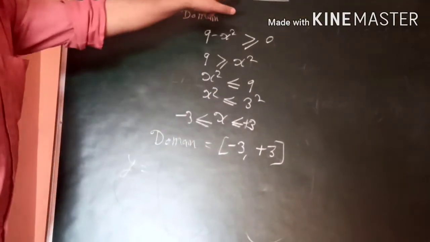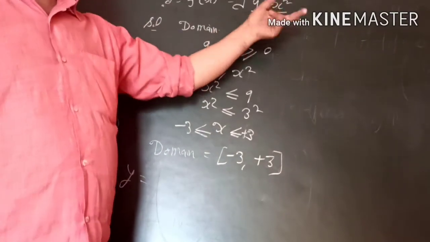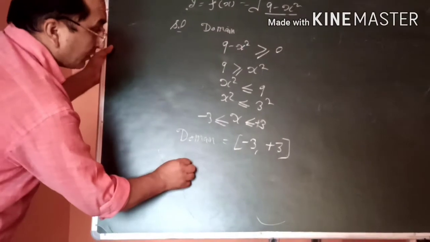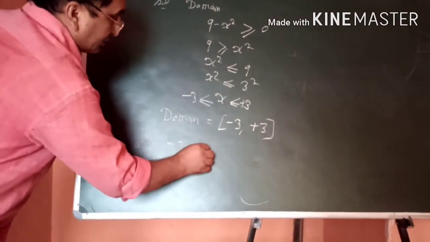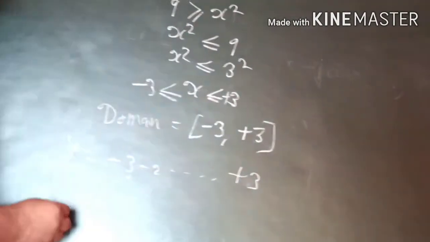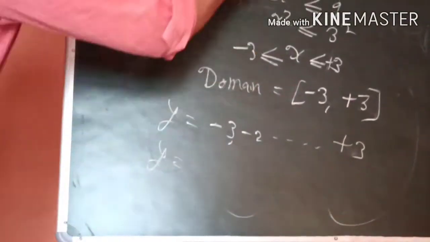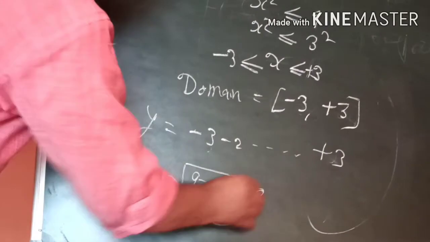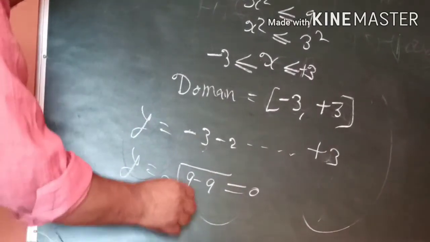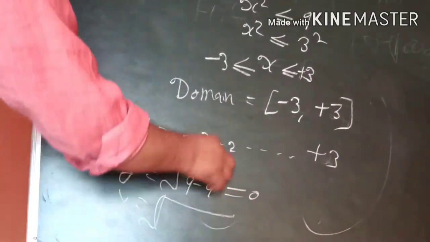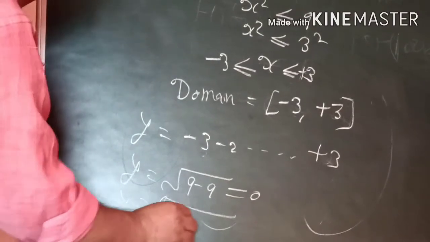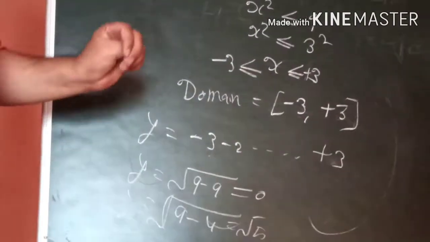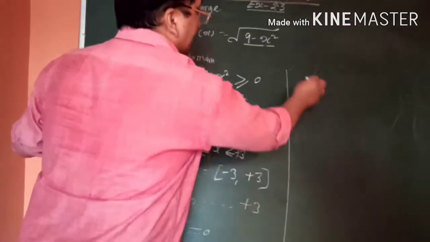Suppose x equal to minus 3: 3 square is 9, 9 minus 9 is 0, so y will be 0. Putting values from minus 3 to plus 3, we get y equal to, with x equal to minus 3, under root of 9 minus 9, which is 0. For x equal to minus 2, under root of 9 minus 4, root 5 will come. By putting all these values we will get its range.